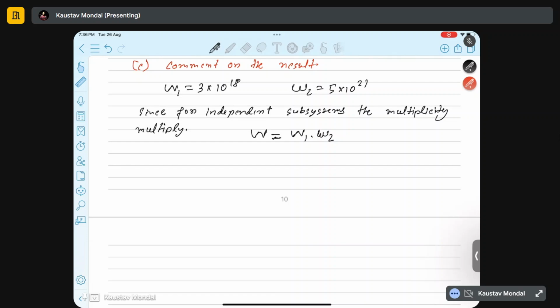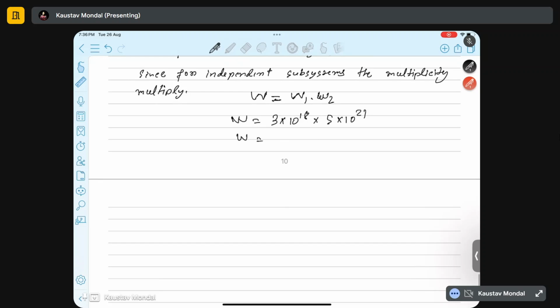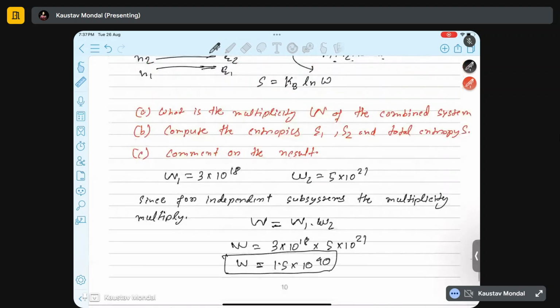So the combined multiplicity W is 3 into 10 to the power 18 into 5 into 10 to the power 21, which gives 1.5 into 10 to the power 40. This is the multiplicity.